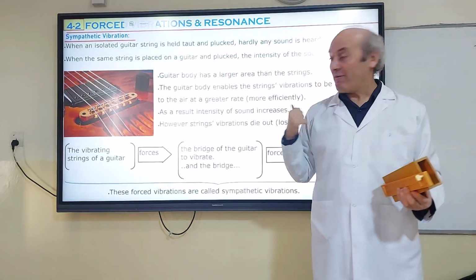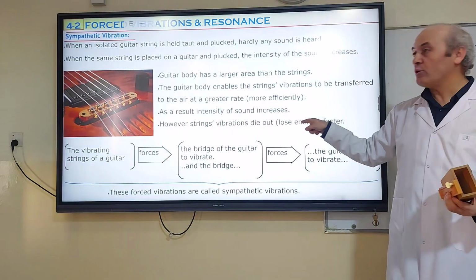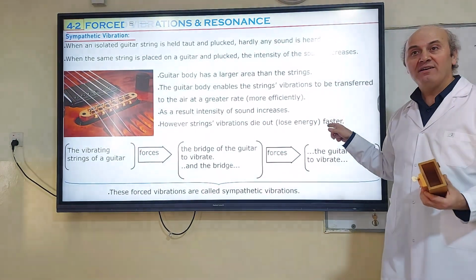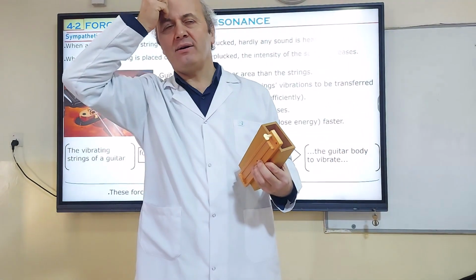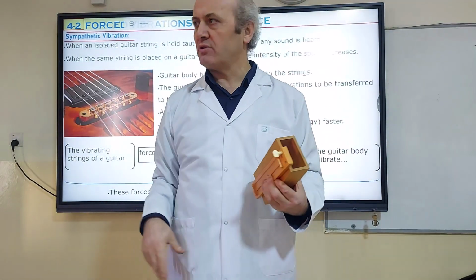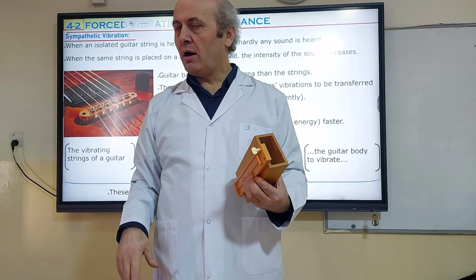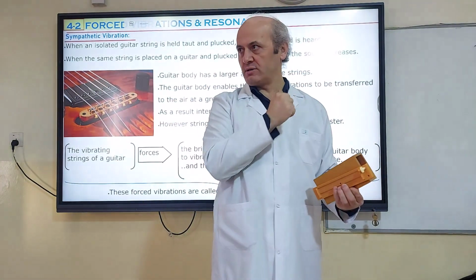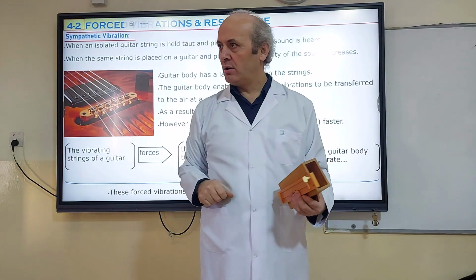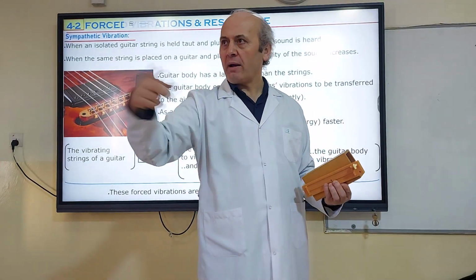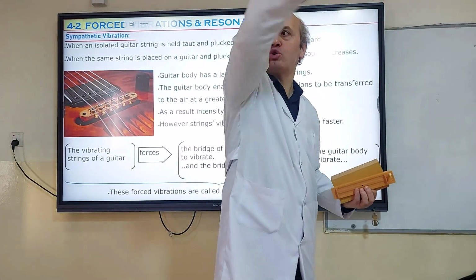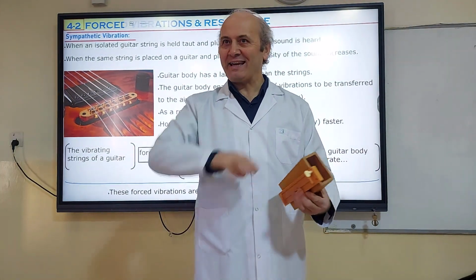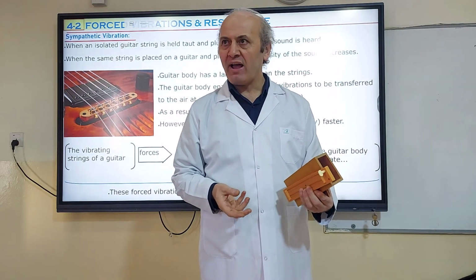increases. However, the string's vibration dies out, that is, loses energy, faster. What does die out mean? So it's like this. In this classroom there are 23 students, right? I want this classroom to be emptied through one door. If there's one door, it will take time for students to leave the classroom. But if I open more doors, like increasing the area, what will happen?